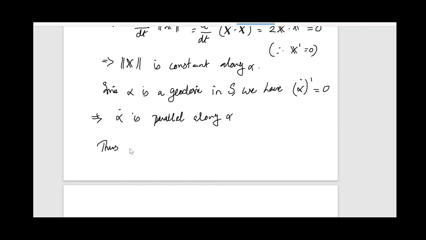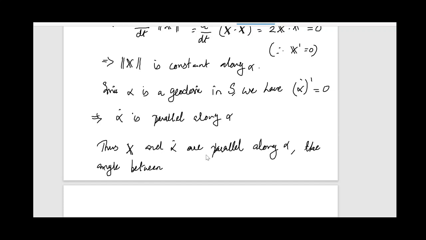Thus, the vector fields X and alpha dot are parallel along alpha, and the angle between X and alpha dot is constant along alpha.